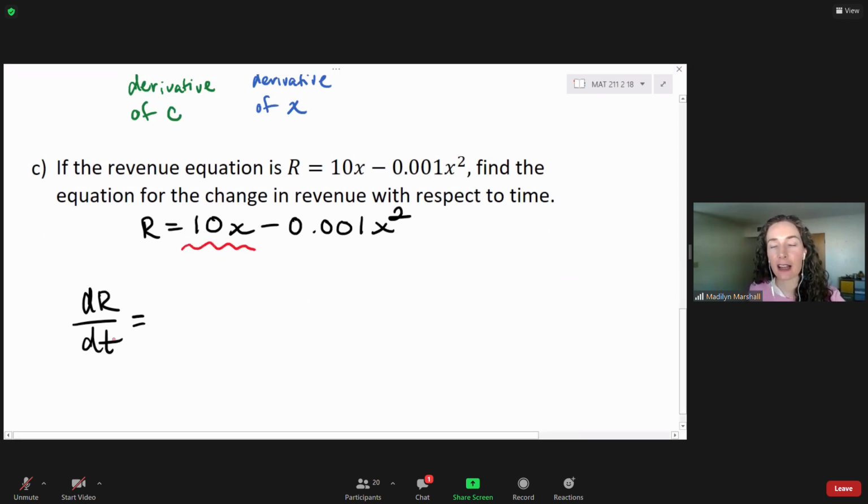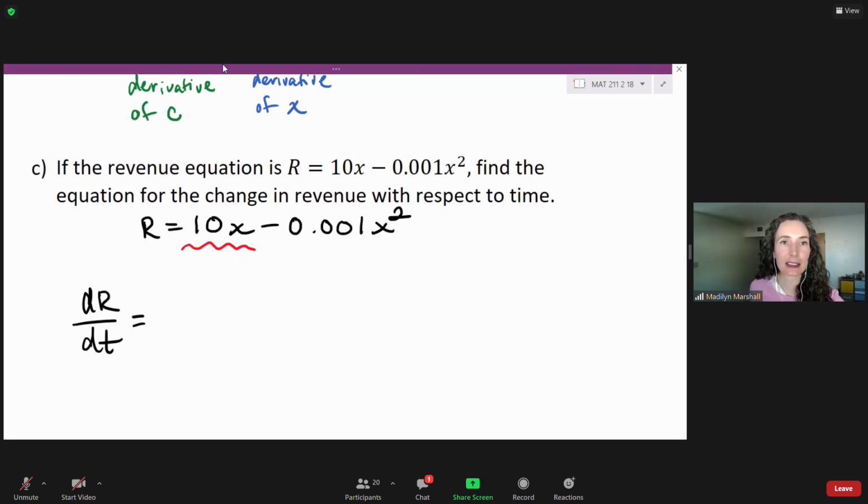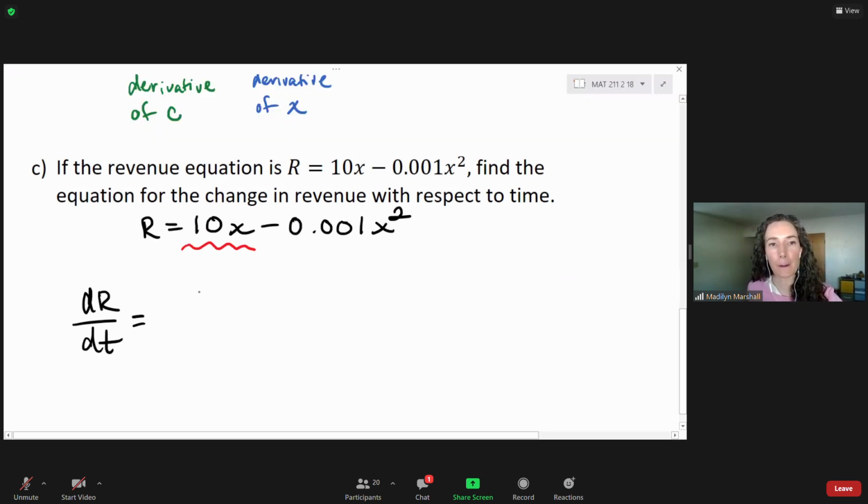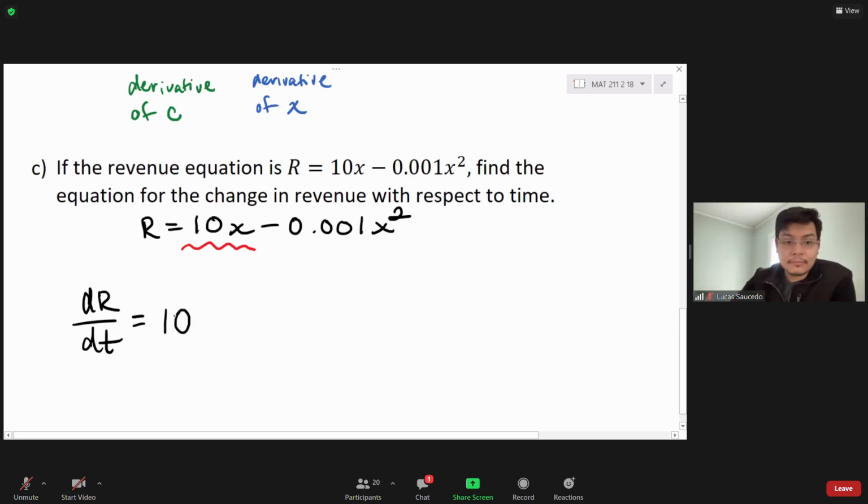So if we have 10x, and we want to take the derivative of that with respect to t, what will that end up being? Ten. 10, so that is the derivative of 10x. And we need a little bit more on there.